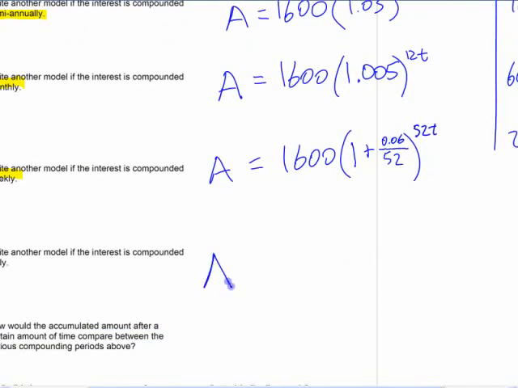Daily, what's our function going to look like? Now, you can get daily interest savings accounts, but they don't actually compound it daily. Most often on a savings account, we're actually going to compound it monthly.